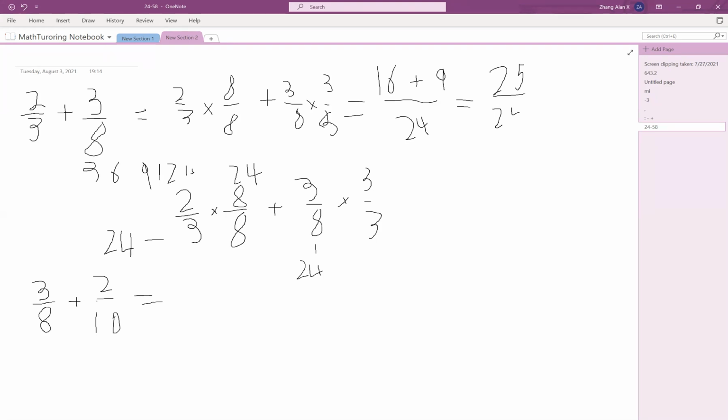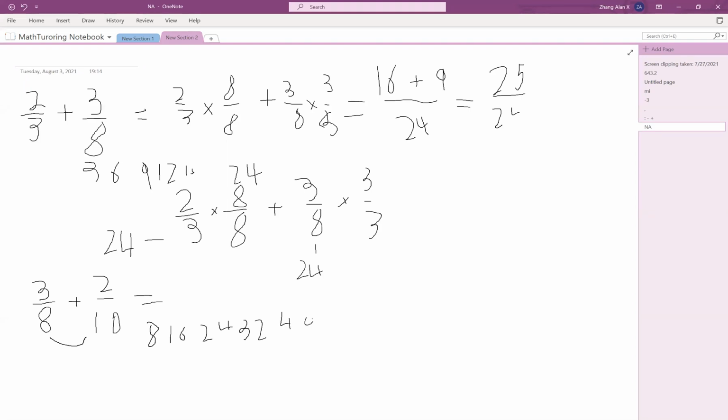So first we would have to find the least common multiple of 8 and 10. Do you know what number that would be? So we have 8, 16, 24, 32, 40.